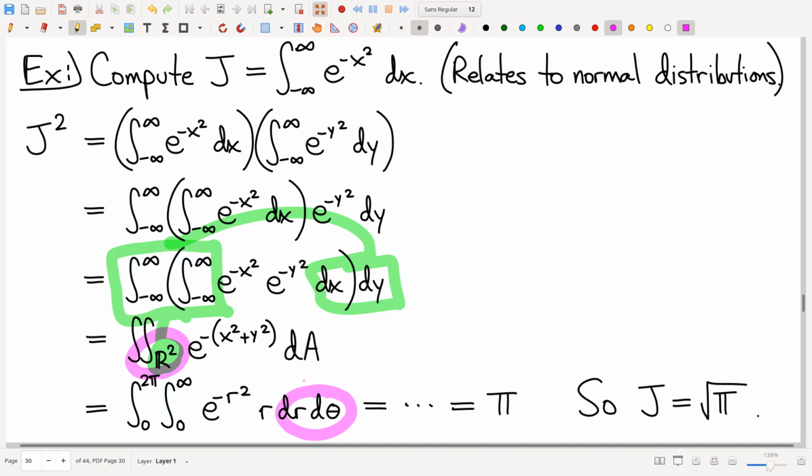Well, I would go all the way around for theta, so theta would go 0 to 2 pi, and then for any value of theta, I start at the origin and go all the way out, 0 to infinity. Does that make sense? So the equivalent of negative infinity to infinity in Cartesian coordinates is 0 to infinity for r, and 0 to 2 pi for theta. Yes, that's right. Yeah, last question.